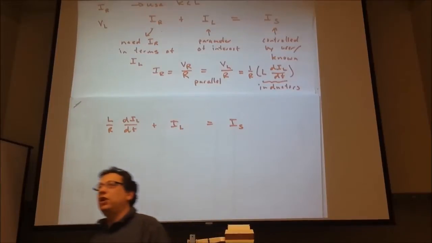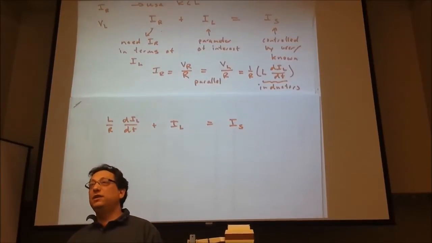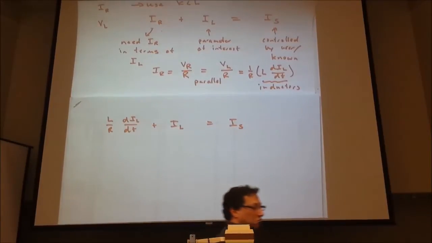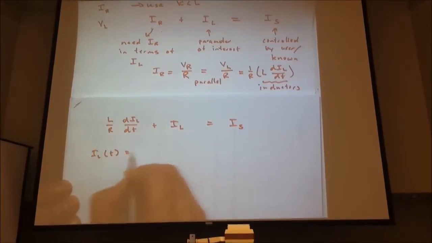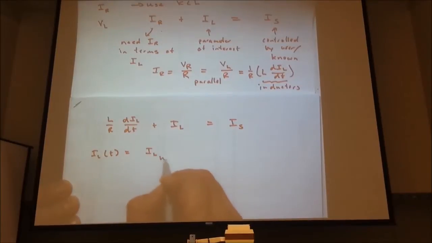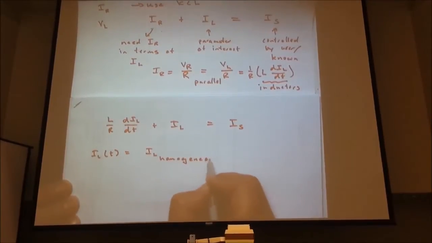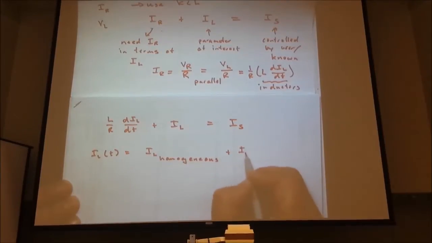So we have a different coefficient, L over R instead of RC, but it's the same circuit, right? It has to be. So our solution takes the form IL(t) equals IL homogeneous plus IL particular.